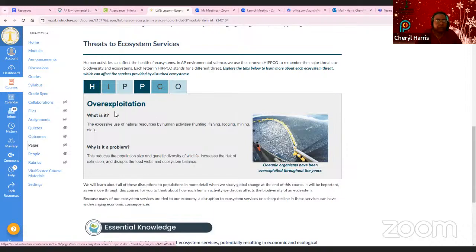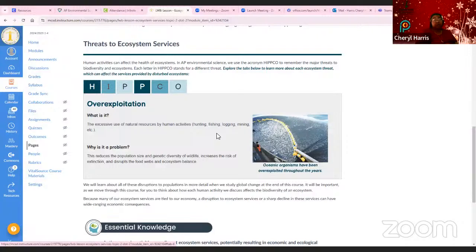And the last one, overexploitation, excessive use of natural resources by human activity: overfishing, overhunting, over logging, overdoing everything. Again, all in the name of having products. We want to hunt so that we can have more skins to sell or trophies to sell, because we're not necessarily hunting for food.